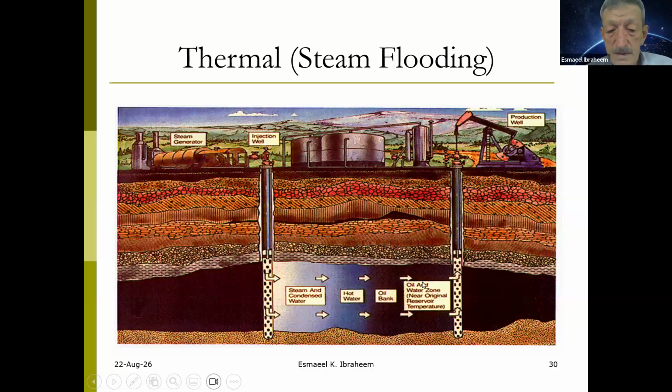The operation comes like this. If you go from left to right, steam and condensed water are injected through the injection well. The hot water injected in the reservoir makes a bank, an oil bank. This bank is a mix of steam and oil.